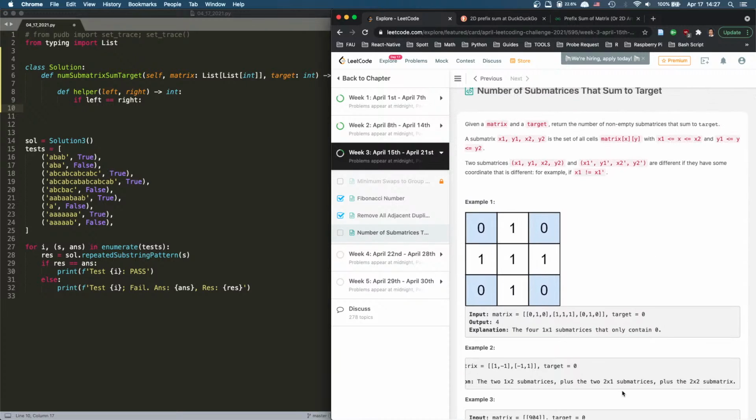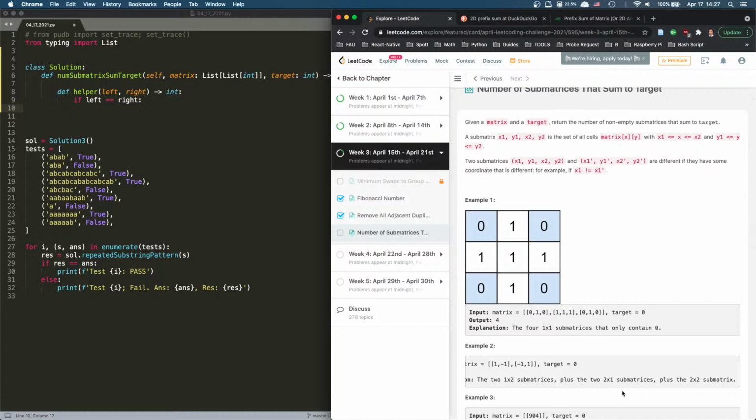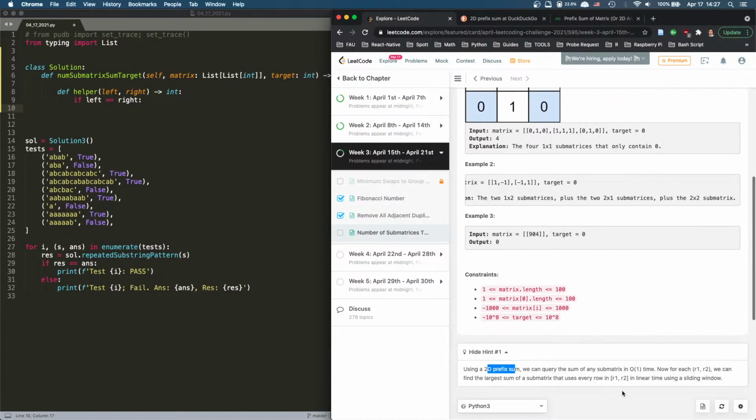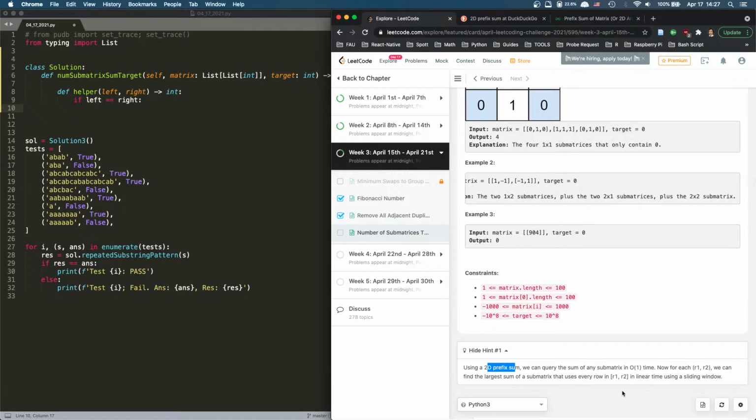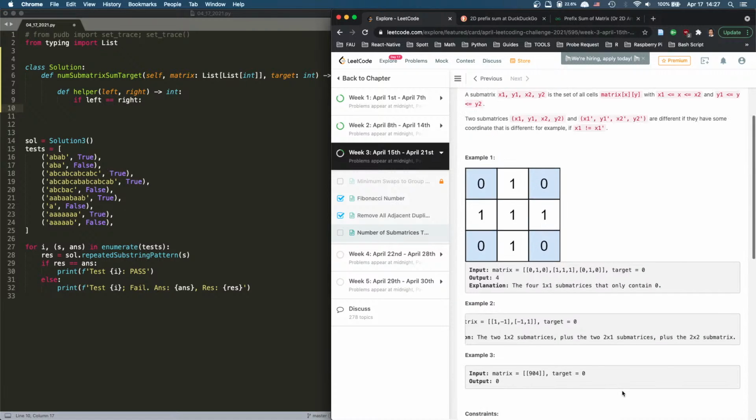Then what? I mean, we're talking about sliding window. You have to do a sliding window for each one of them, right? Hold on. Let me think.